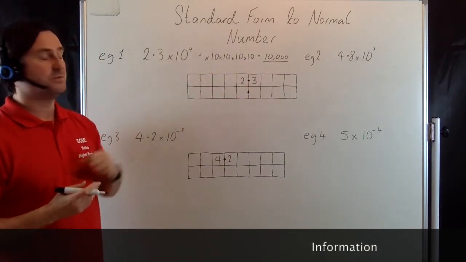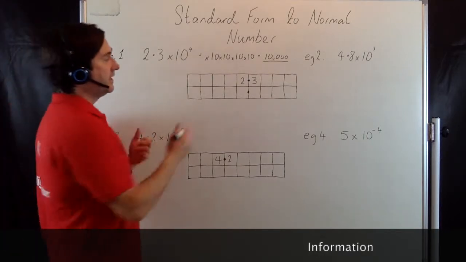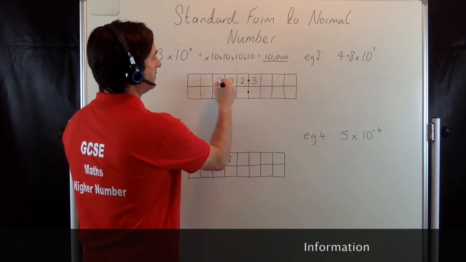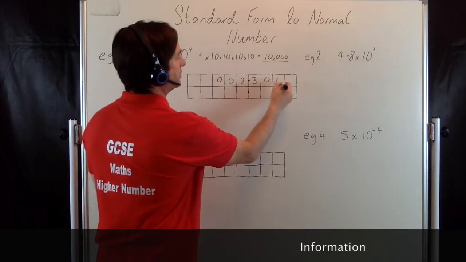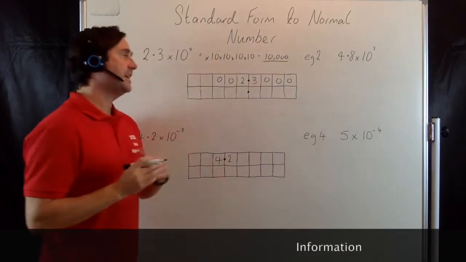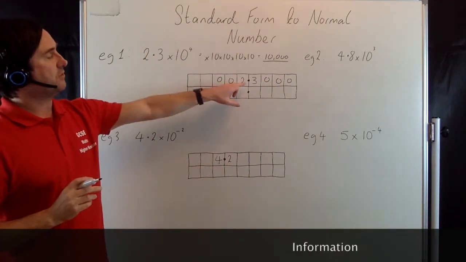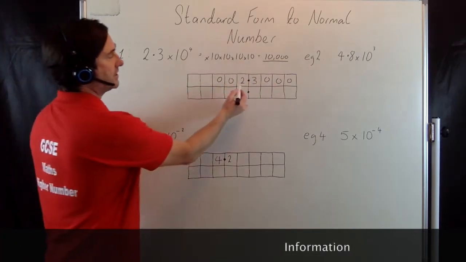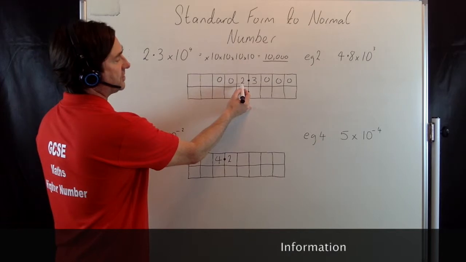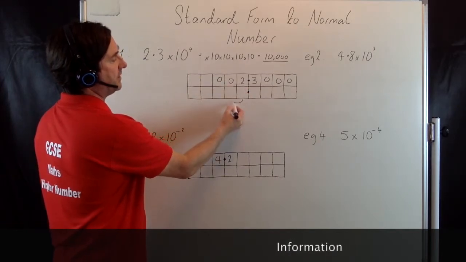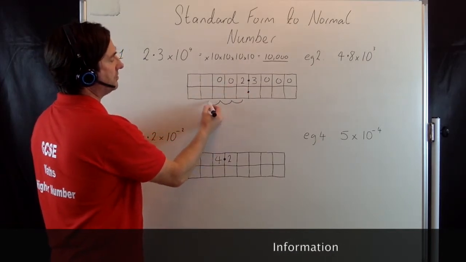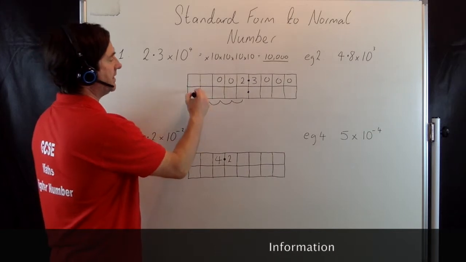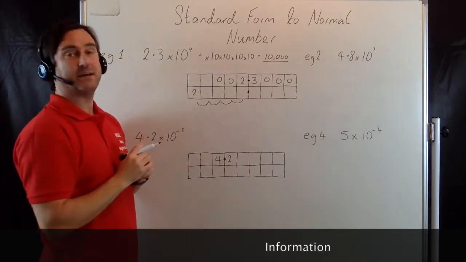This is why it helps using this grid. I like to fill in a few zeros either side of my 2.3. That's going to help us. But we're going to move all of these digits 4 places to the left. So if we take the 2, originally it was here. We're going to move it 1, 2, 3, 4 places. So that 2's going to move to there.